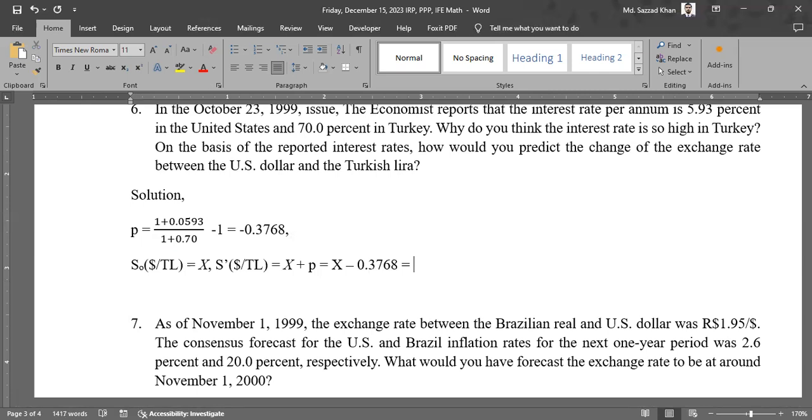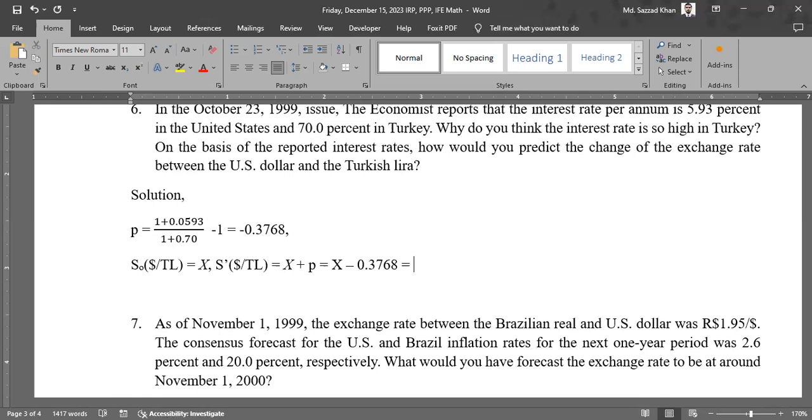So what does it mean? We used to pay X amount of dollar to get some amount of Turkish lira, because this interest rate differential is existing. So we need to pay 0.378 less. Now after 1 year, we need to pay less dollar to get Turkish lira.